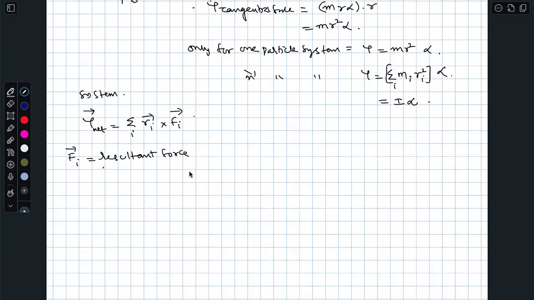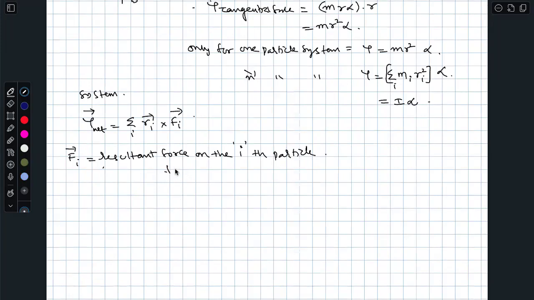You should carefully observe this line. I am saying again: F_i bar on a particle represents the resultant force on the ith particle.